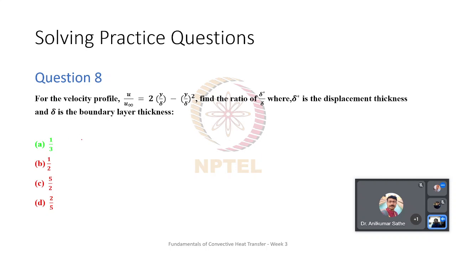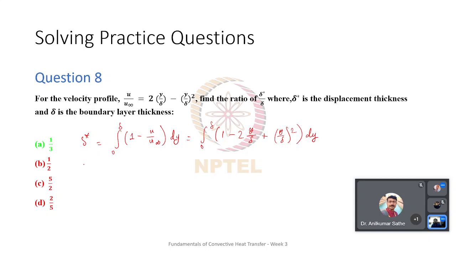So delta star, the displacement thickness, can be calculated as the integral from 0 to delta of 1 minus u by u infinity, dy. Now this u by u infinity is given, so 1 minus 2 into y by delta plus y by delta square, into dy.